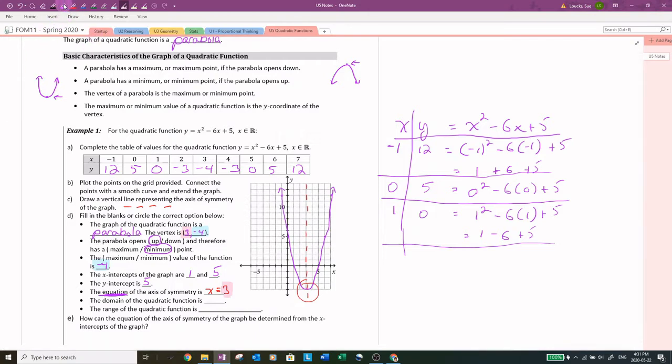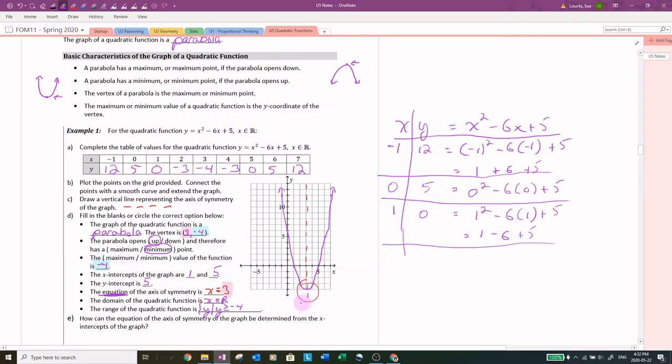The domain of the function is x is an element of the real numbers, because x can go as far to the left and as far to the right as exists. And the range is, do the curly brackets, y such that y is greater than or equal to -4, because it can be -4, and it can be -3, and it can be -2, and it can be 575, but it cannot be -5.